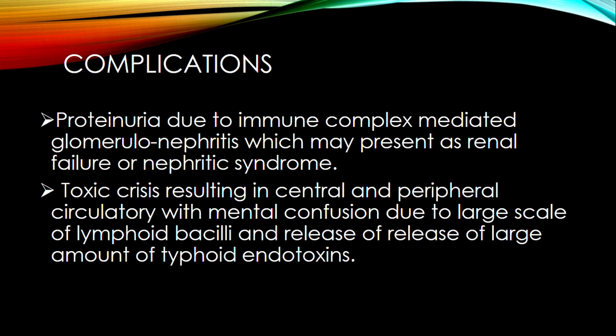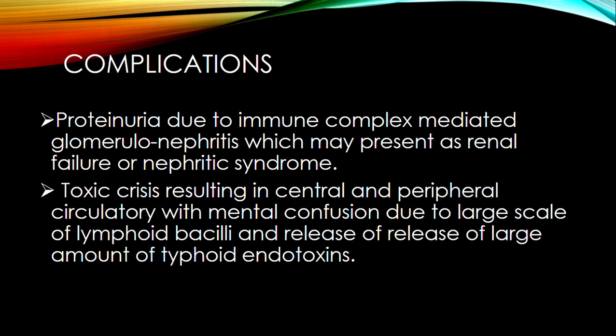There can also be toxic crisis affecting the central and peripheral circulation, with mental confusion, due to a large number of typhoid bacilli and the release of large amounts of typhoid endotoxins.